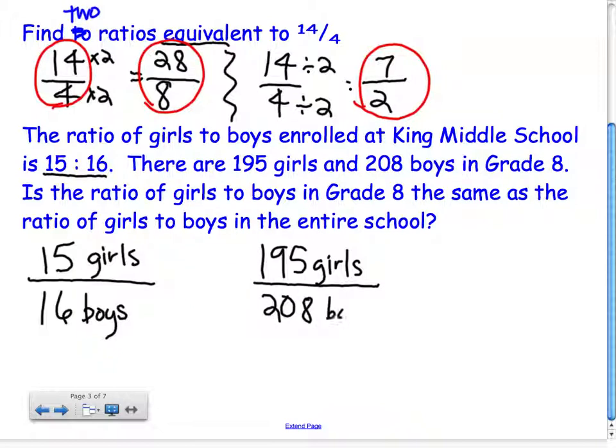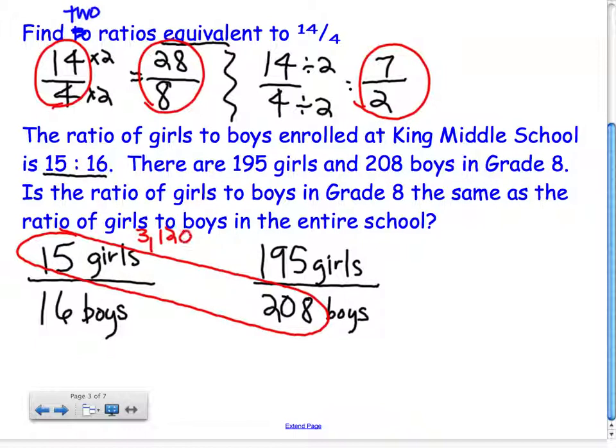208 boys. Now, the easiest way to find out if these two ratios are equivalent is to cross multiply. So I can take 15 times 208. If I do 208 times 15 on my calculator, I get 3,120.